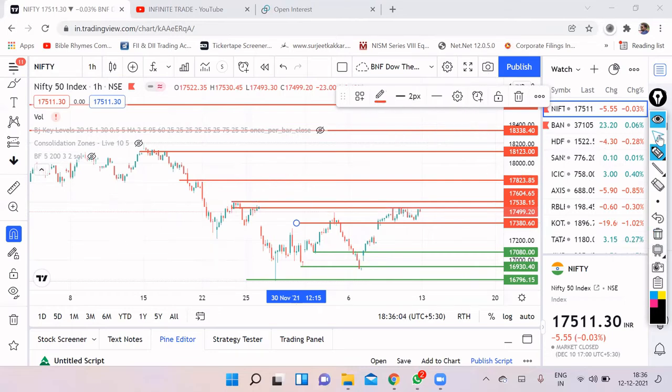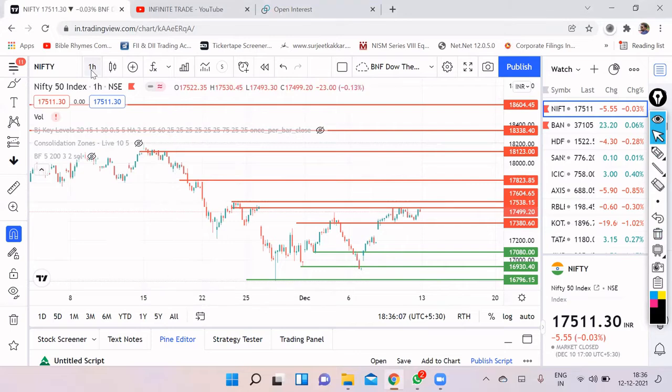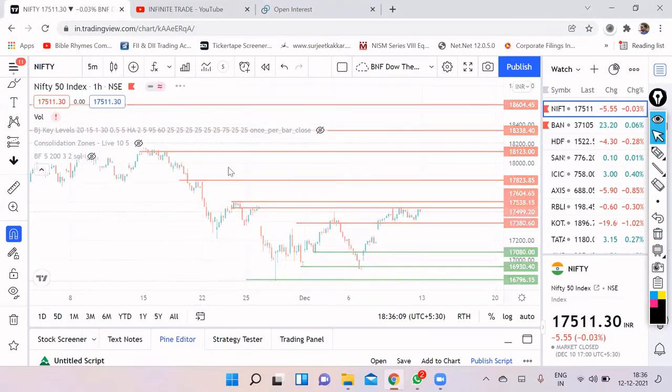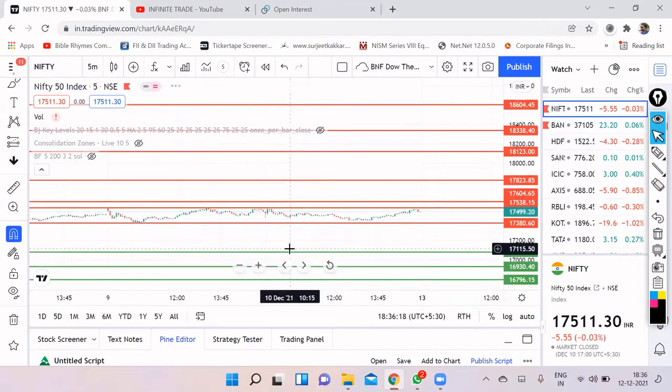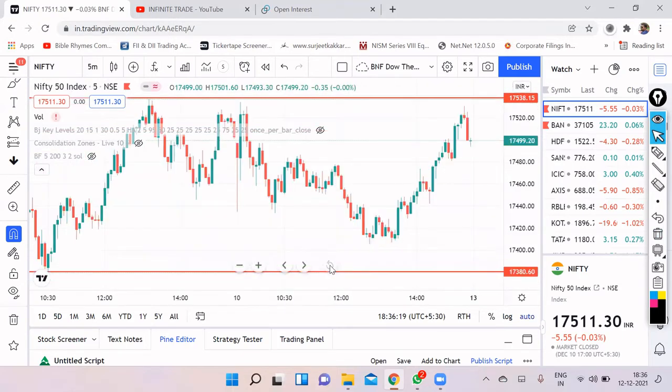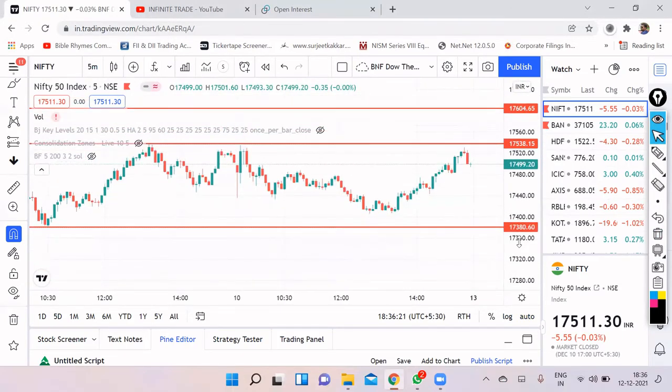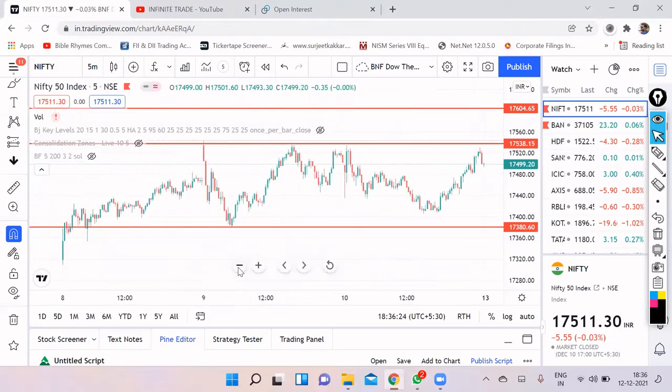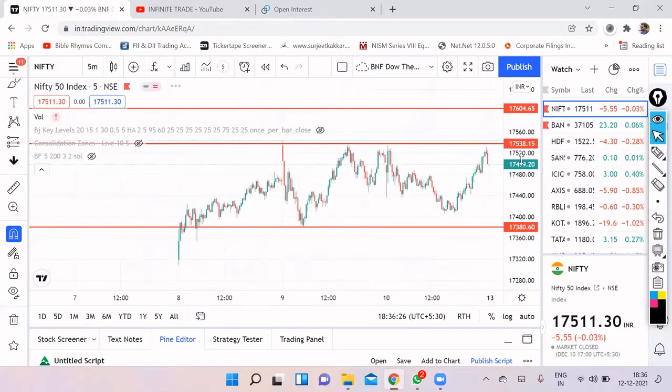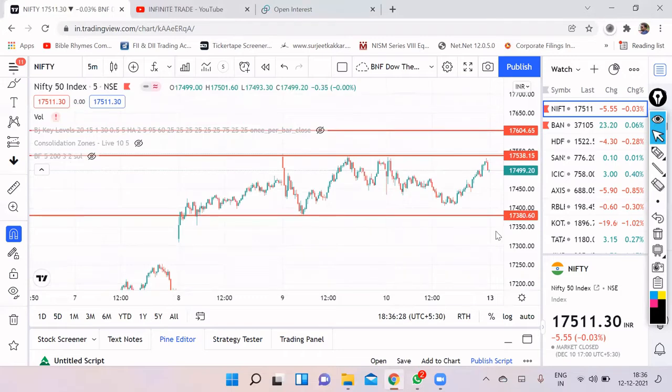Now let's quickly check what should be our plan for intraday. If you look at the 5 minutes chart, Nifty is trading in this range. 17,380, 17,400 is definitely an important support.